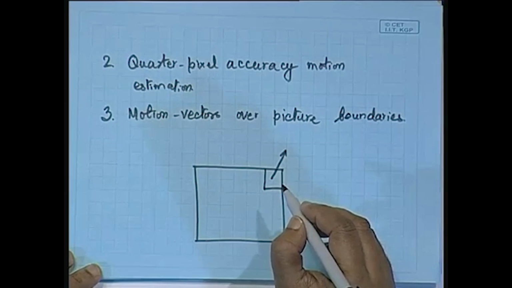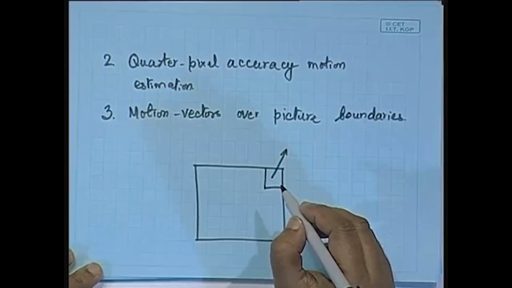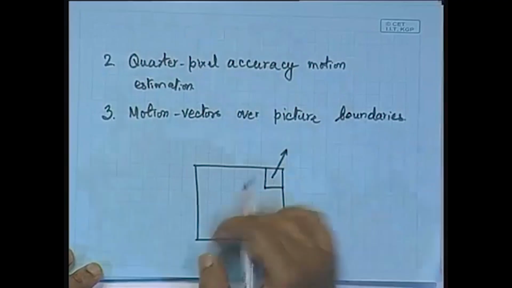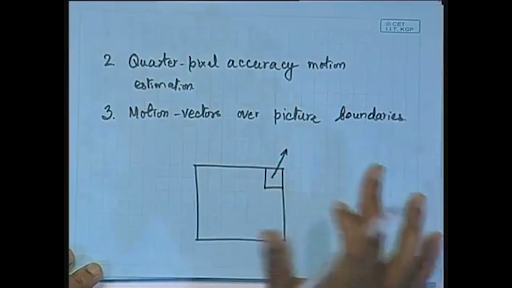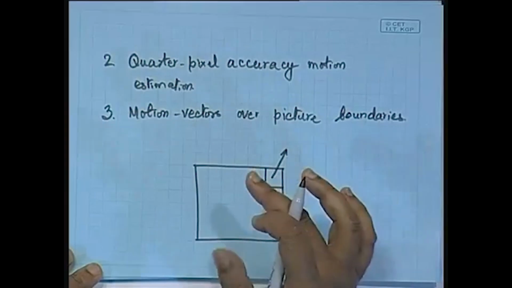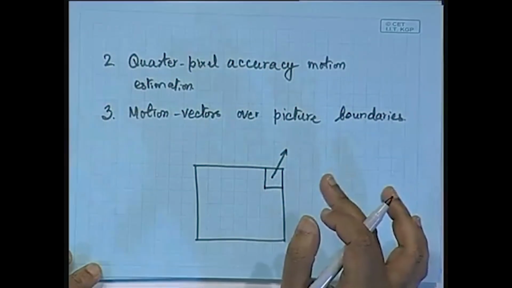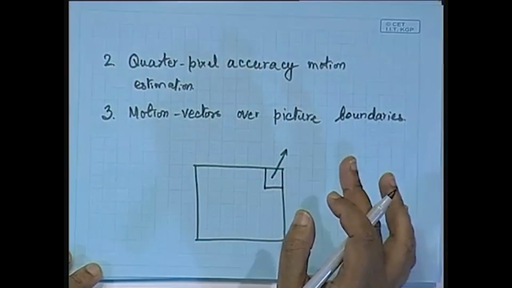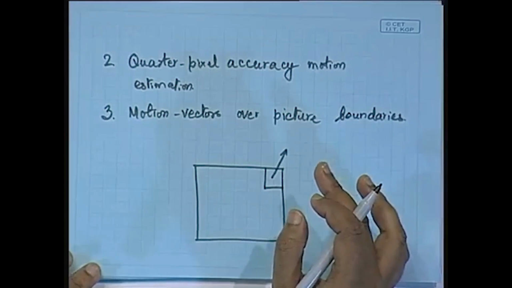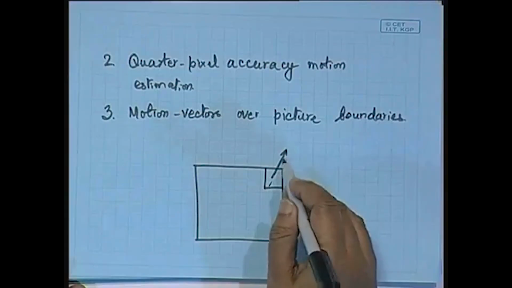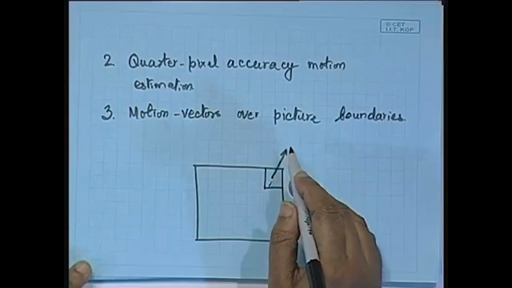What happens is that the object may be viewable in the reference frame's memory, but not in its viewing area. You cannot find the object in the viewing area of the reference frame, but in the memory where you have stored the reference frame, part of it is still available, though not in the actual viewing area. So, you can point to those areas in the motion vector.